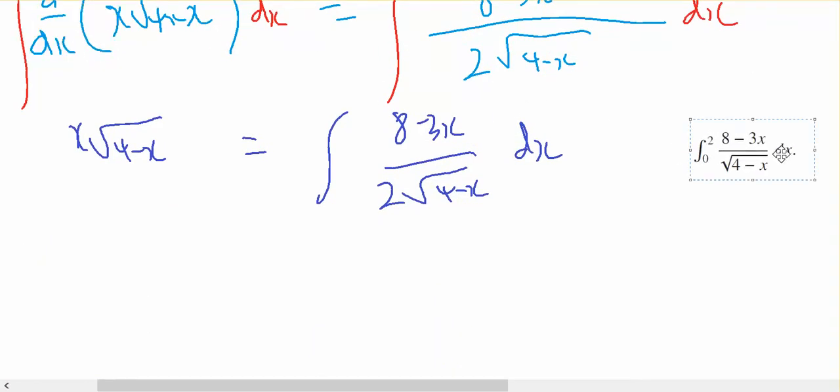So I'm looking for this. I can see I've got an 8 minus 3x on the top, and I've got the 4 minus x on the bottom, but I don't have the half.